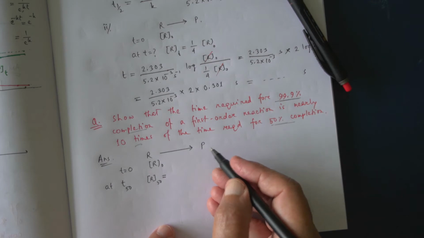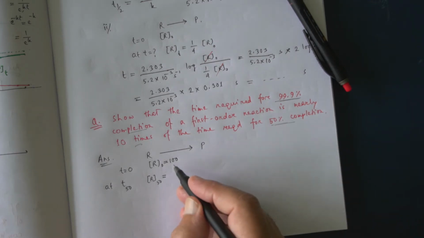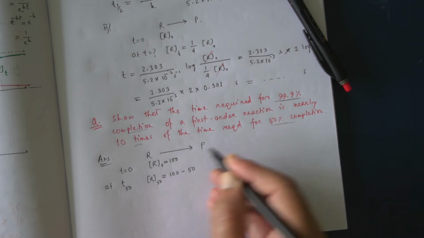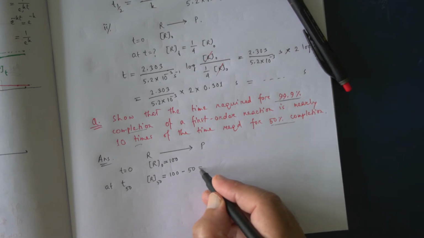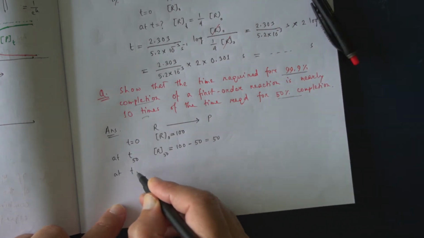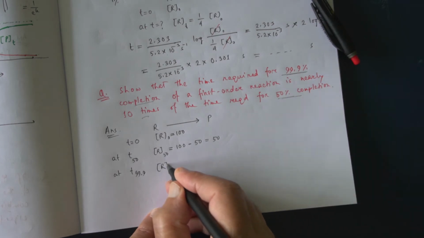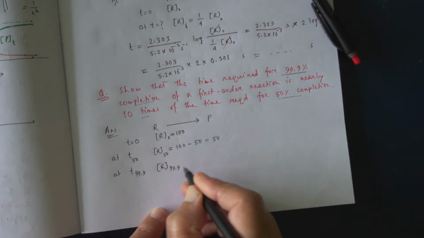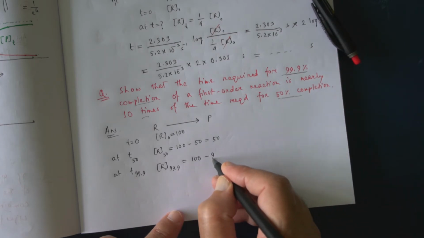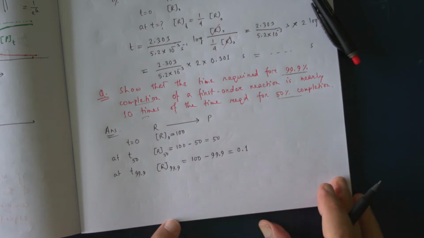Half will be converted. So if I assume this to be 100, this will be equal to 100. Half is converted, so it will remain 50. And at T99.9, what do we get? R99.9 will be equal to 100 minus 99.9, that is equal to 0.1.